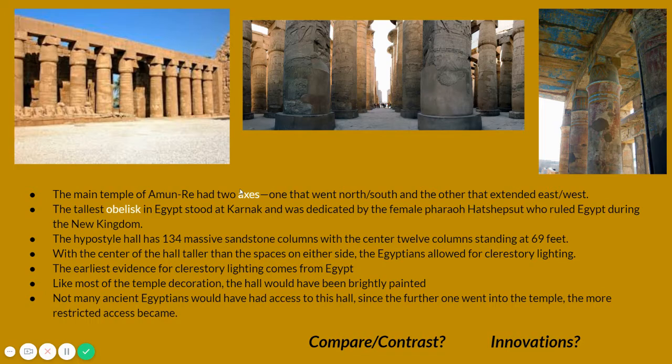But what is most important for you to understand from the Temple of Amun-Re is who was worshipped in this temple, that it had this humongous, massive, gigantic hypostyle hall, that it integrated one of the first clerestories to allow light to come into the hypostyle hall, and that it also had a main temple, but some subsidiary temples as well, and that the entire complex was highly and extremely decorated.